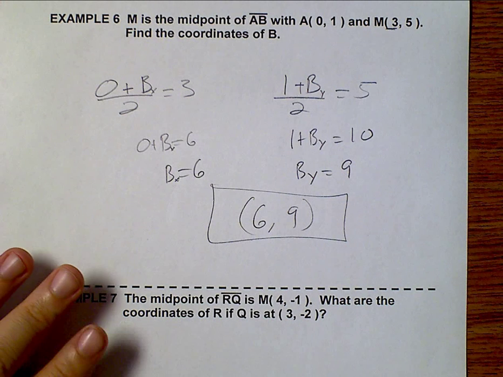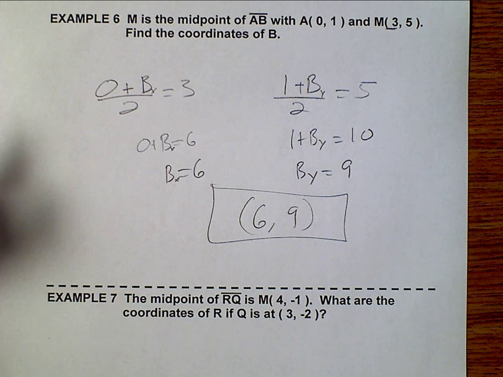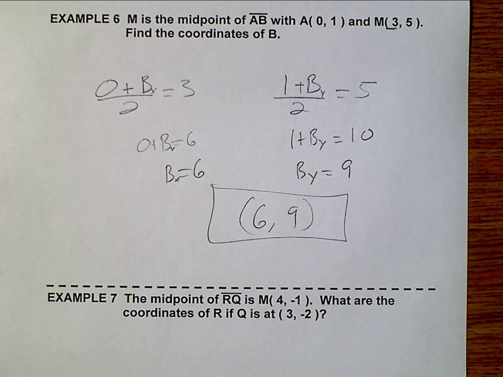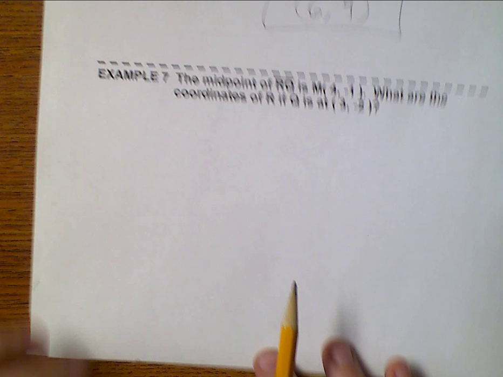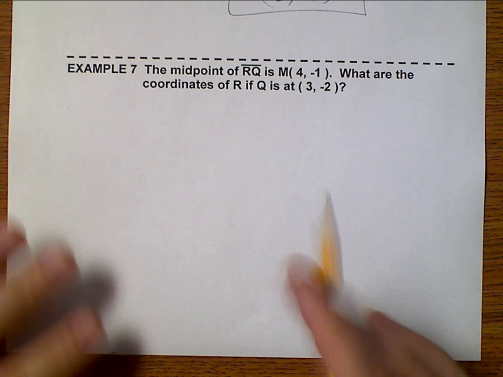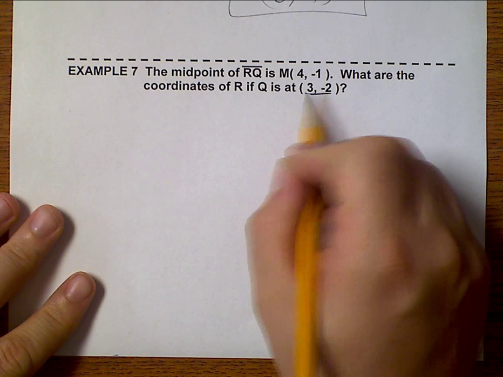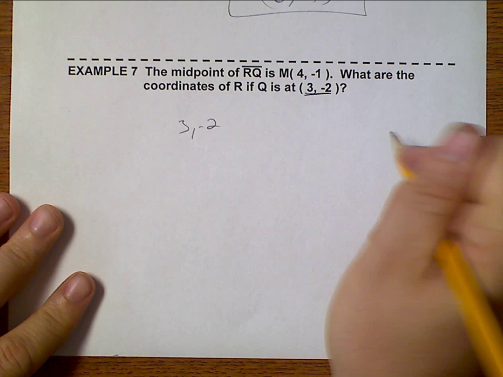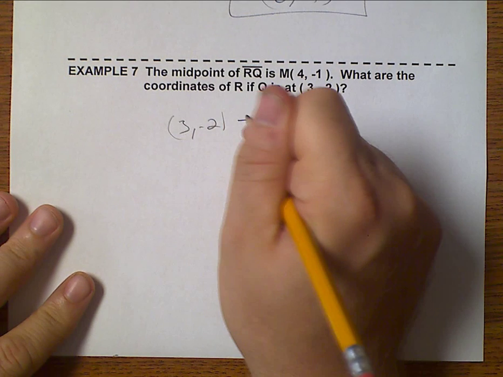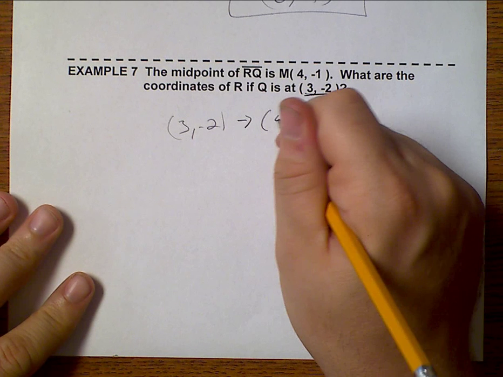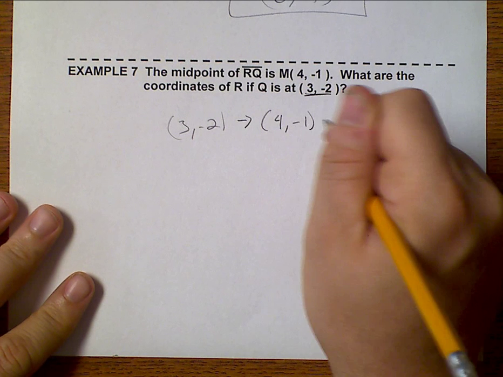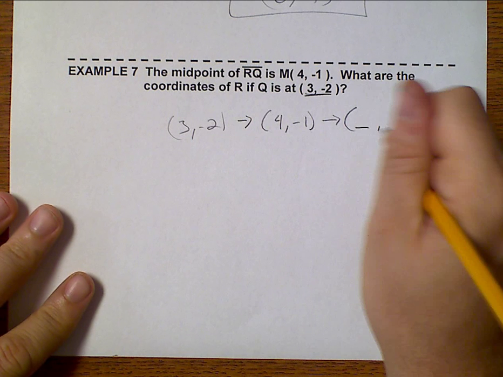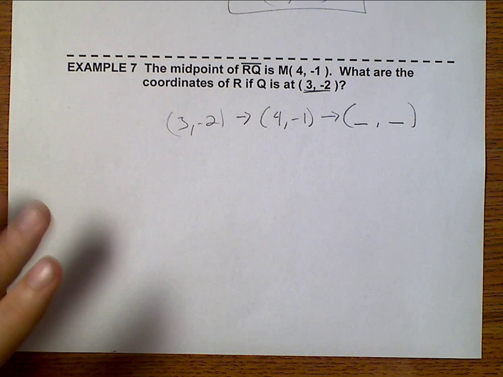Now this is one way to solve it if you like algebra like I do. You can just plug these in and solve. But here's another way you could think about it. I'm starting at 3, negative 2. My midpoint is at 4, negative 1. And I want to know what my x and y are.